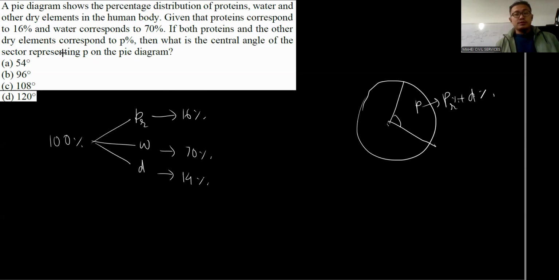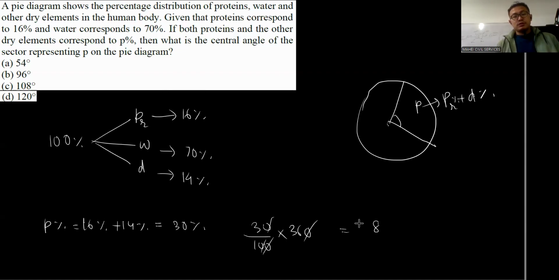If both proteins and other dry elements correspond to P%, then 16% plus 14% is P%, which is 30%. What is the central angle of the sector corresponding to P? 30% of 360 degree, 30 by 100 of 360: 6, 3 18, 3 3 9, 10, 108 degree.